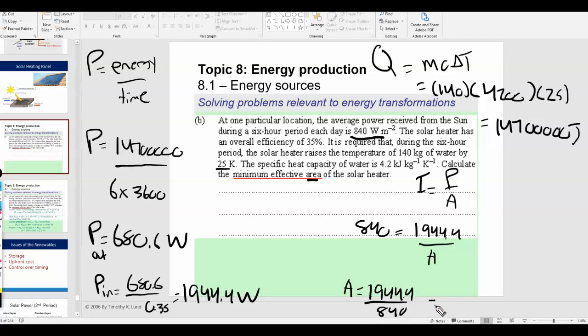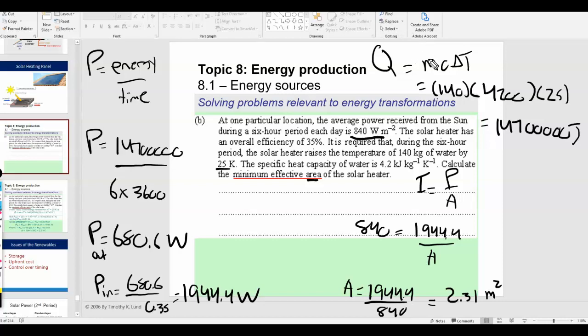Maybe I make it look easy, but you can see there's a lot going on in this problem. I get 2.31 square meters. Obviously, if I got more than that, then it would be more effective at heating the water by the 25 Kelvin.